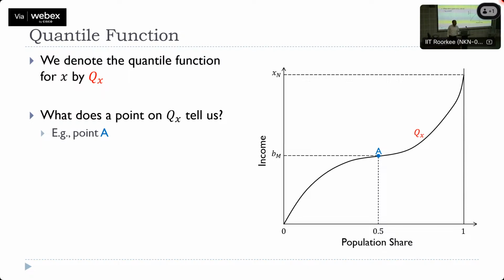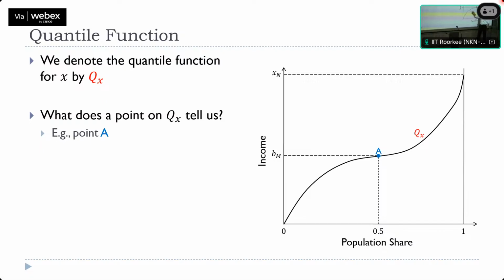The curve of a quantile function can take different shapes. It can be a straight line also. That means these incomes are increasing in the same proportion, that the bottom 50% has 25%.